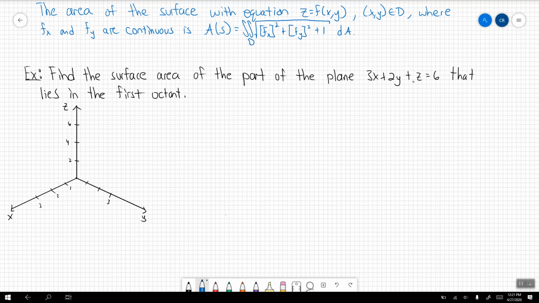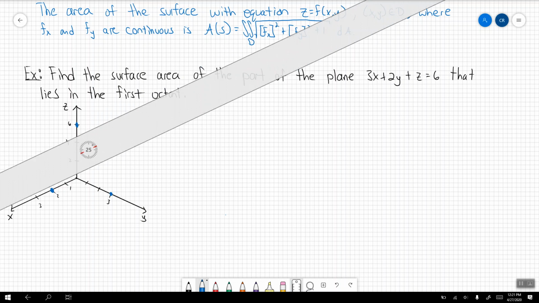So if y and z are both 0, then x is going to be 2. Now to find my y-intercept, if x and z are both 0, then y must be 3. Now to find my z-intercept, if both x and y are 0, then z is going to be 6.